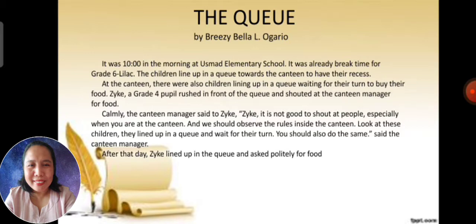Calmly, the canteen manager said to Zaiki, "Zaiki, it is not good to shout at people, especially when you are at the canteen. And we should observe the rules inside the canteen. Look at these children. They lined up in a queue and wait for their turn. You should also do the same," said the canteen manager. After that day, Zaiki lined up in the queue and asked politely for food.